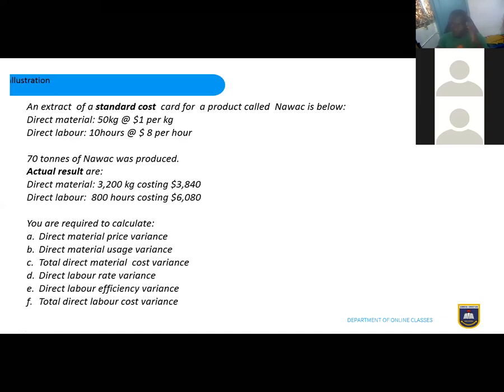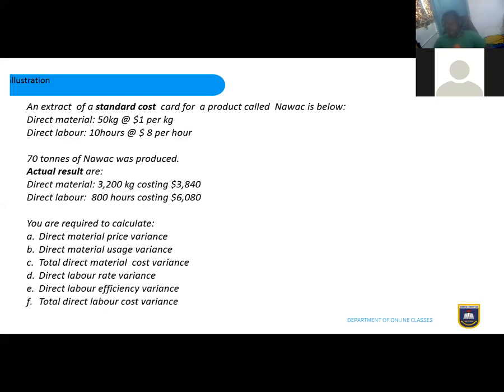there are two major costs that will be given to you whenever questions on standard costing are given out. Those costs are standard costs and actual costs. So from the illustration, you could realize that they said an extract of a standard cost card. So they are about to give you what? The standard cost.